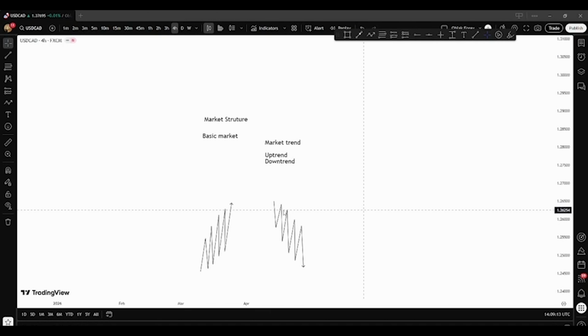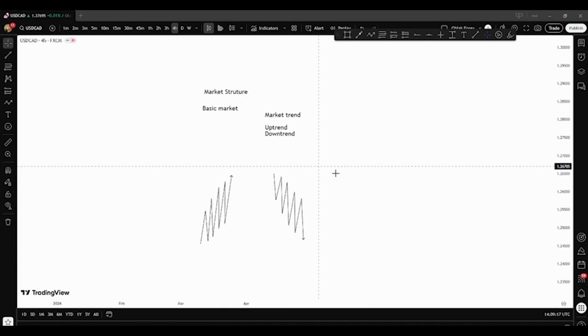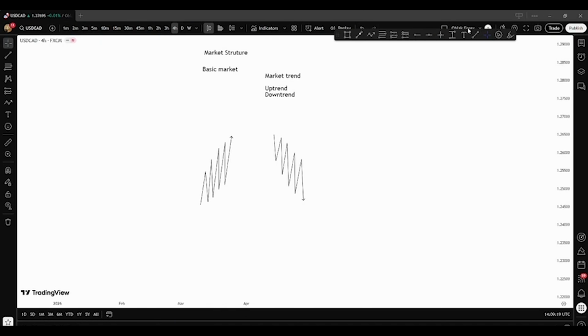If we continue with our structure, the basic market structure, we have the swing structure. Write down again: basic market structure.